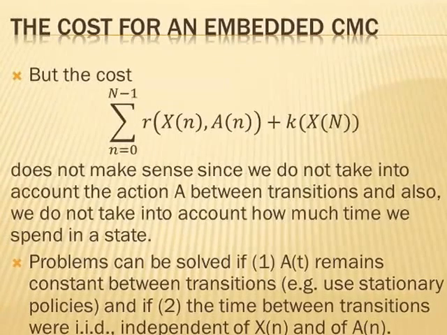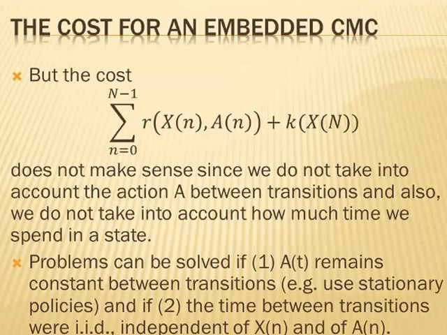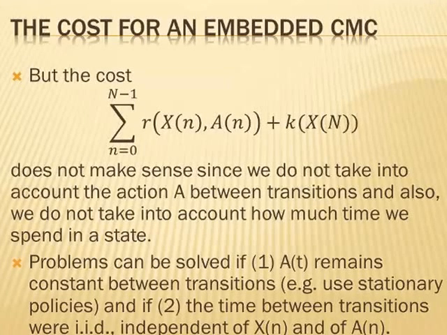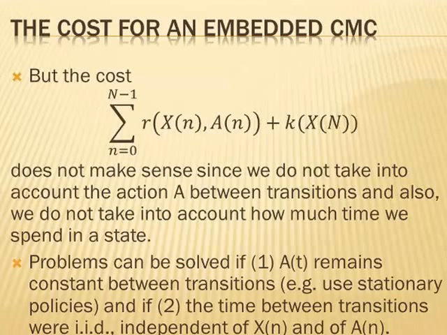The only problem is that this cost doesn't have much meaning. It's not a meaningful cost for several reasons. First, it is a function of the action just at the moment of the transition, and it completely ignores the actions that will be taken between transitions when computing the costs.